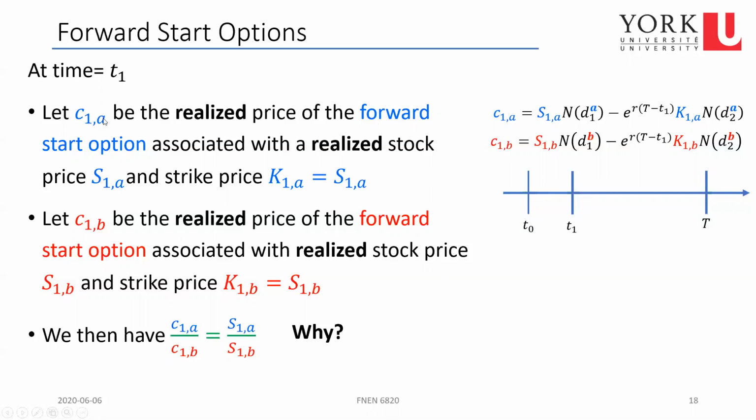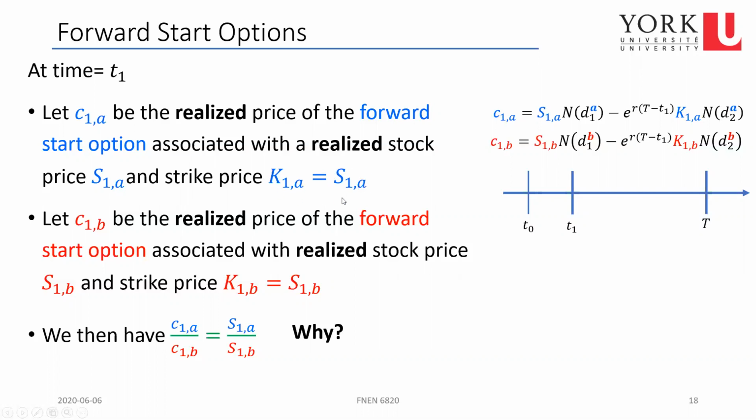For both scenario A and scenario B, these are the realized prices at time T1. In scenario A, we have S1A, and associated with it there's a K1A, which is obviously equal to S1A.